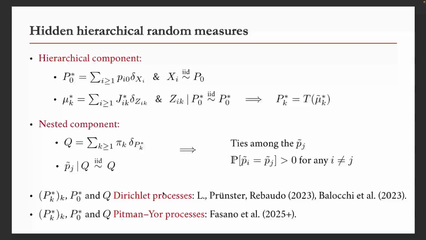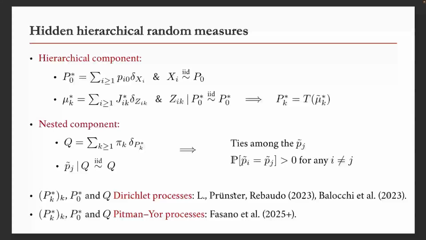So whenever you combine Dirichlet process ingredients, you have the so-called hidden hierarchical Dirichlet process that can be found in this paper I've written with Giovanni and Igor, and also a very nice application of this model by Cecilia and Shane Jensen in 2023.